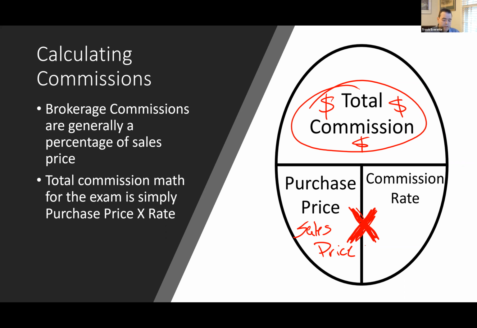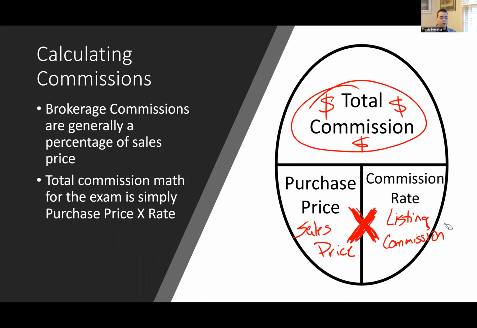And when we say the commission rate here, we usually mean the listing commission. Now, it is true that we could be compensated by really anybody in the transaction. We could be compensated by the buyer. We could be compensated by the seller. We could be compensated by some combination of the buyer and the seller.